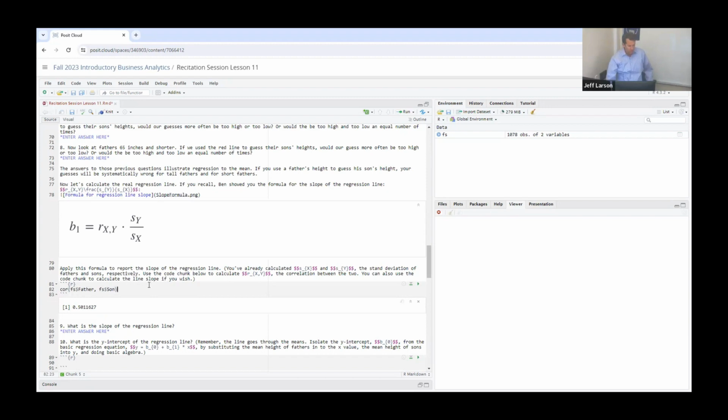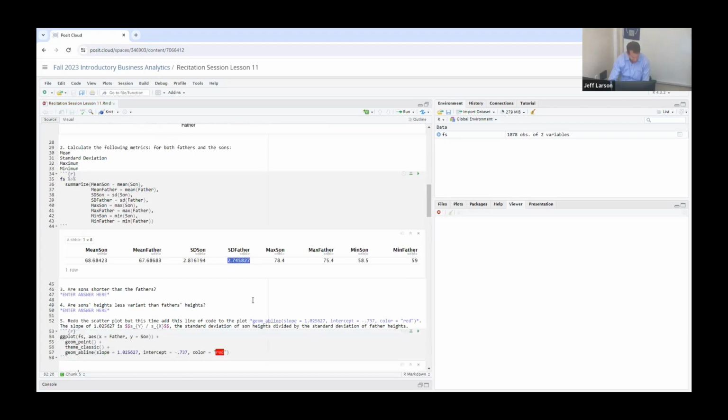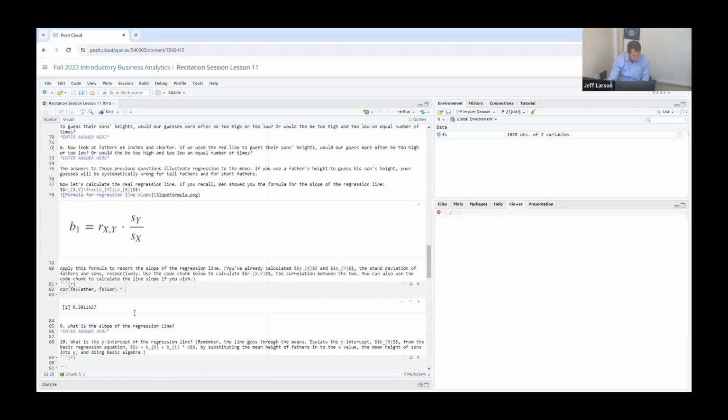So we have this correlation, and then we're going to multiply that by the standard deviation of father's heights we have up here. SD father is 2.745827. We multiply that by here, and then divide by the standard deviation of, I got it backwards. I always get this backwards. Which is y, father or son?